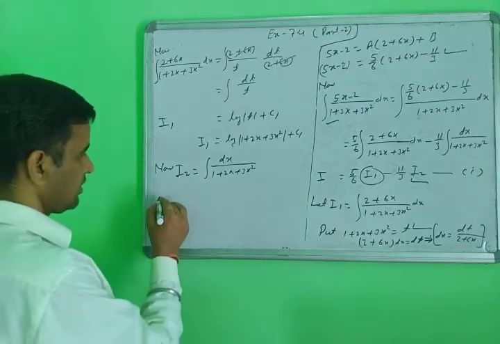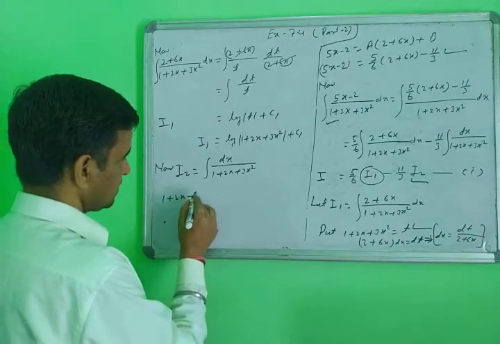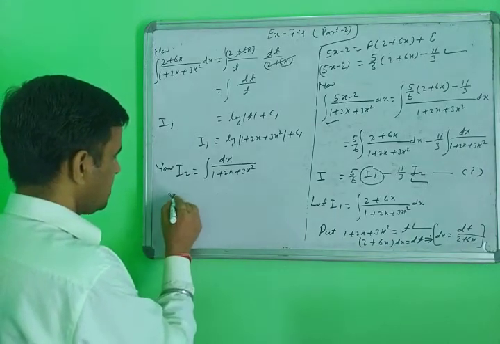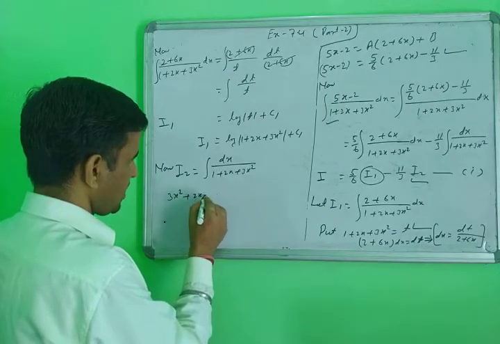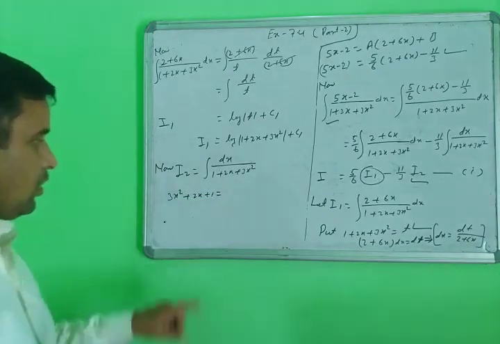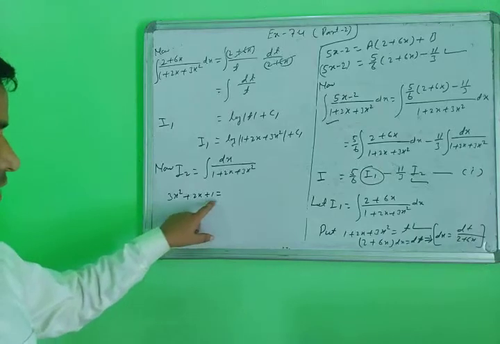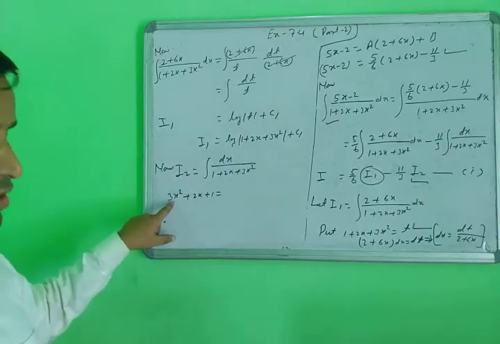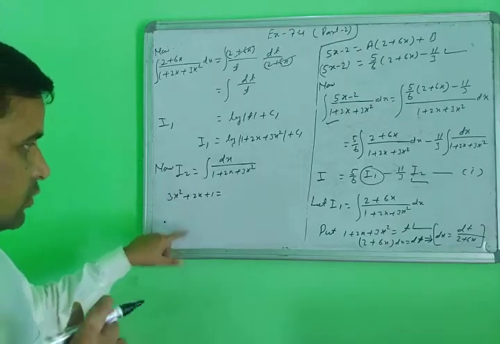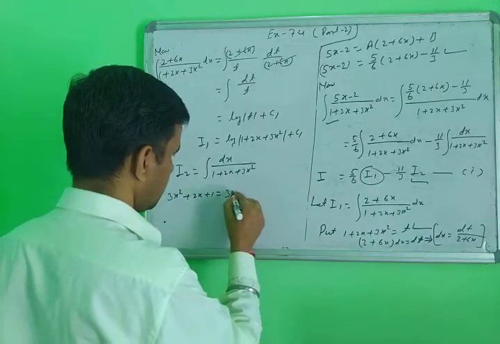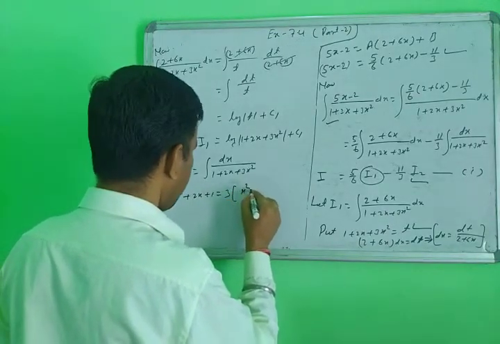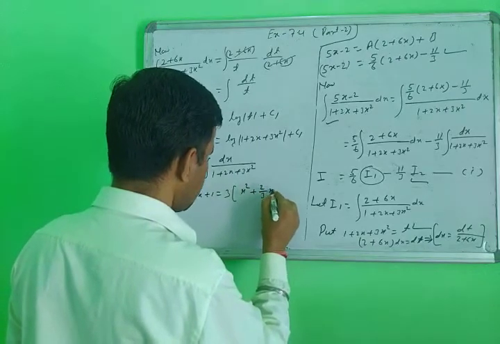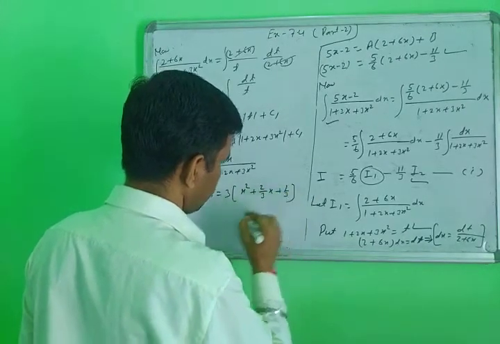So now converting 1 + 2x + 3x² into 3x² + 2x + 1. All terms are positive, so you can write it in this form. What is the coefficient of x²? 3. First take the 3 common: x² + (2 upon 3)x + 1 upon 3.